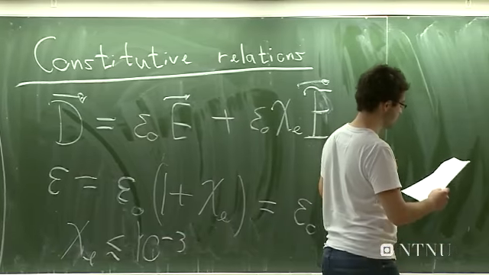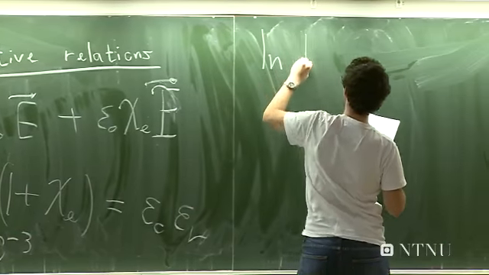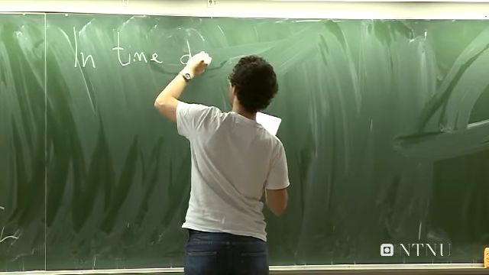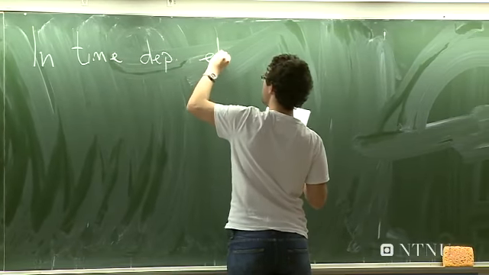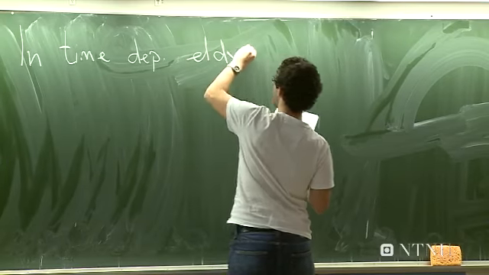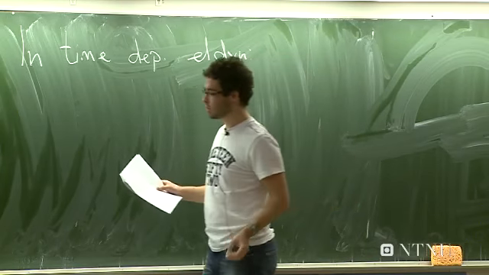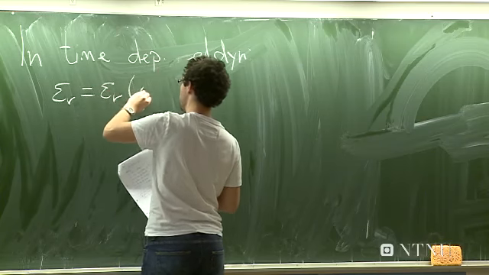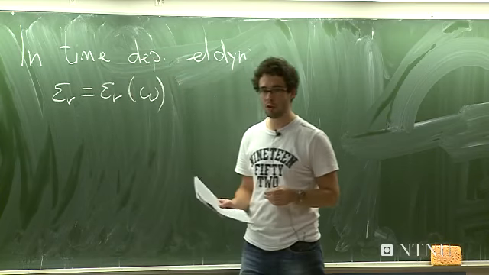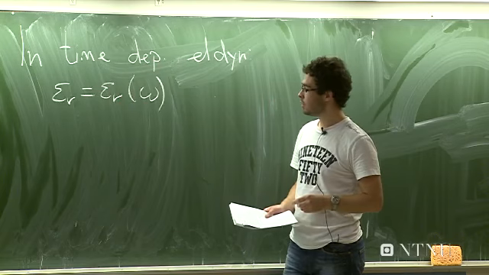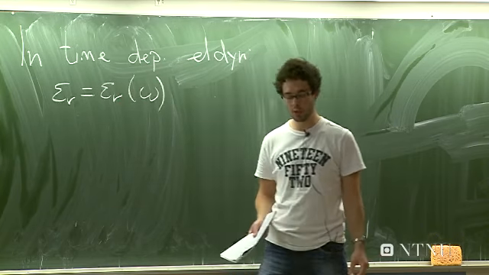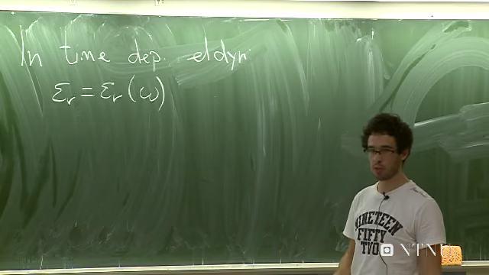So in time-dependent electrodynamics, epsilon r is some function of frequency. This means you can't work in the time domain anymore. For example, if you remember the wave equation, I think you've seen that before.